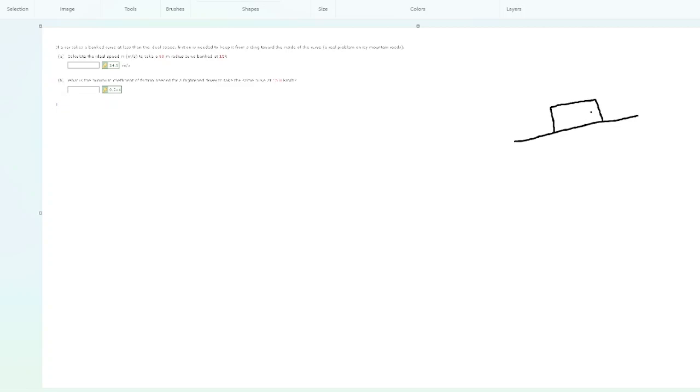We have this car. Same thing is going on. This angle is still theta. Force of gravity going this way. Force of gravity x. Force of gravity y.